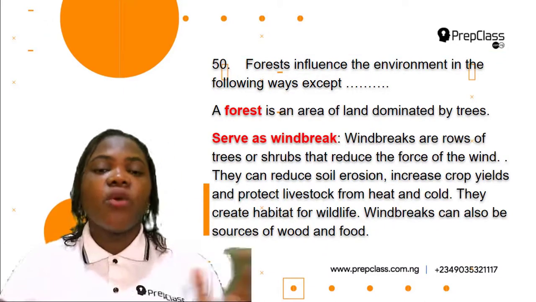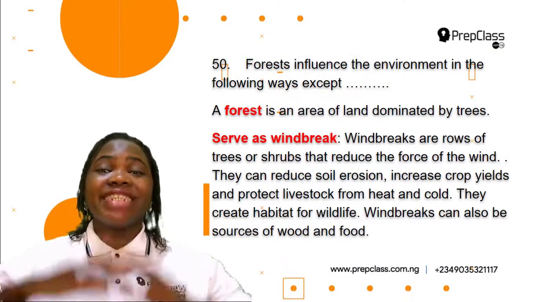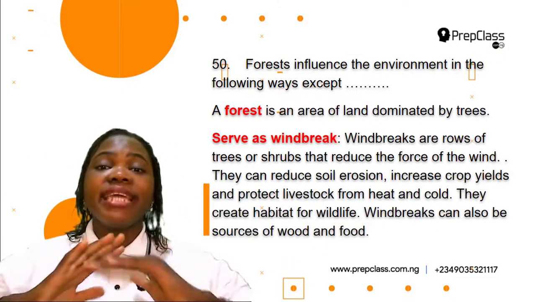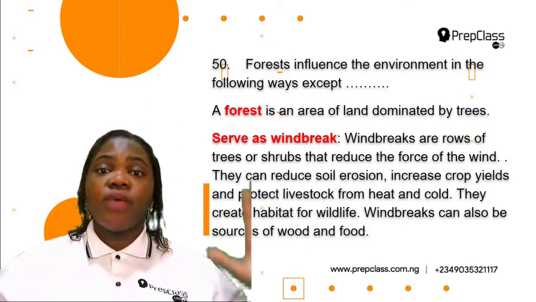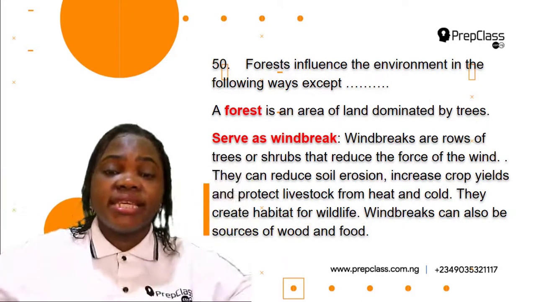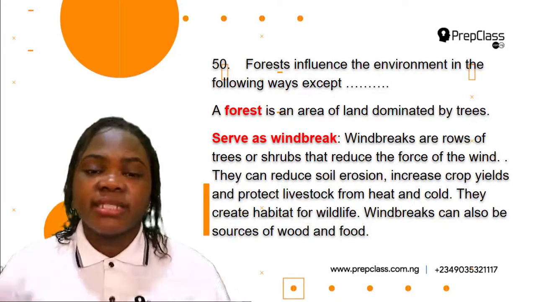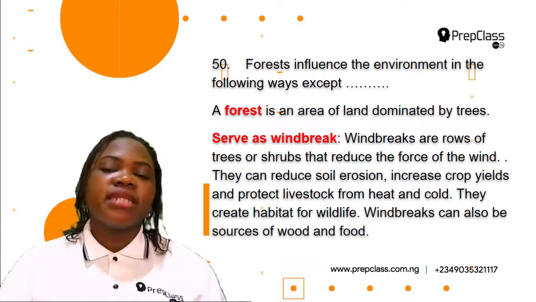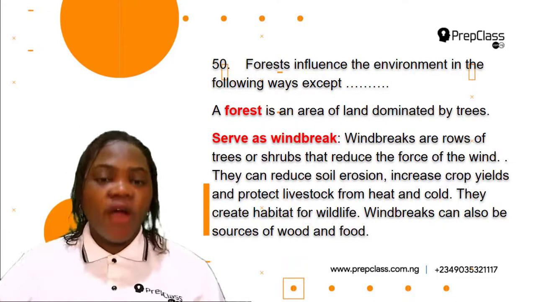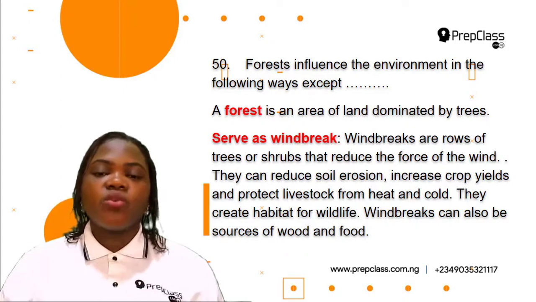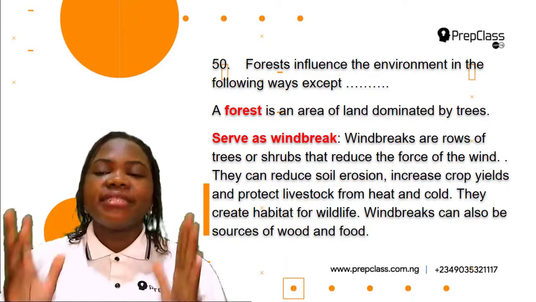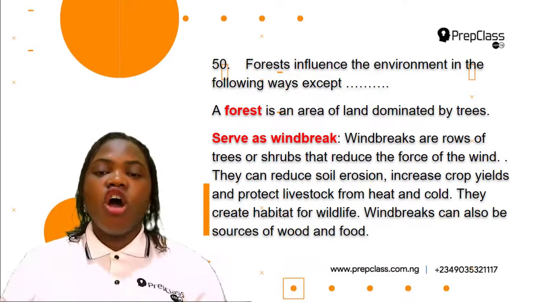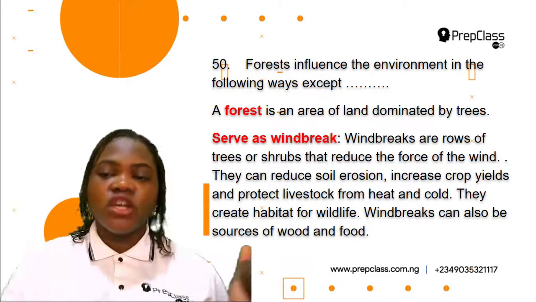Okay, so first of all, what is a forest? A forest is an area of land dominated by trees. So when there are many trees in an area of land, that is a forest. Okay, so the first option is serve as windbreak. So forests serve as windbreak. But what is windbreak? Windbreaks are rows of trees or shrubs that reduce the force of the wind.